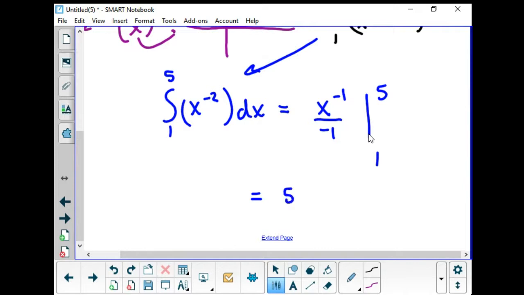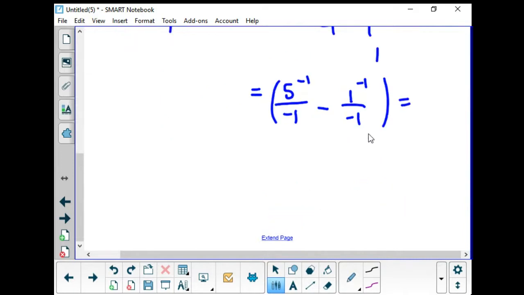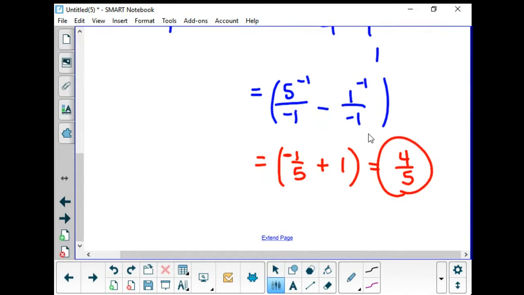So this is 5 to the negative 1 over negative 1 minus 1 to the negative 1 over negative 1. And if you get through that, that's going to be negative 1/5 plus 1. Final answer, 4/5.